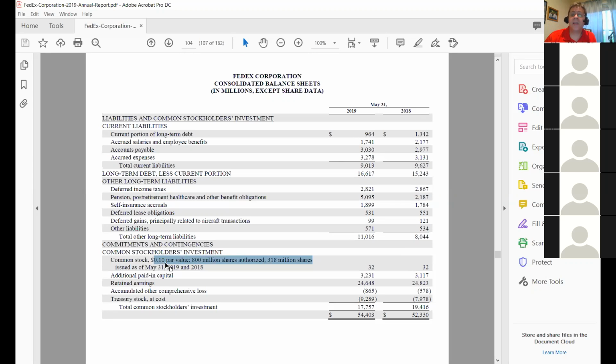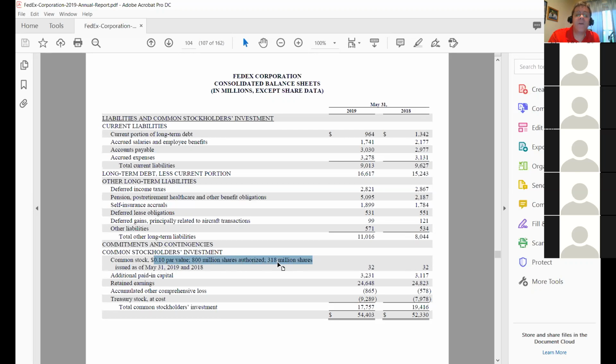Now that's only important for a couple of things, and that is when we sell new shares and when we do a stock dividend. So for FedEx, if they did a stock dividend, let's say they gave a 50% stock dividend, they would look at how many shares they have issued right here, because it says they had 800 million shares authorized, 318 million shares issued.